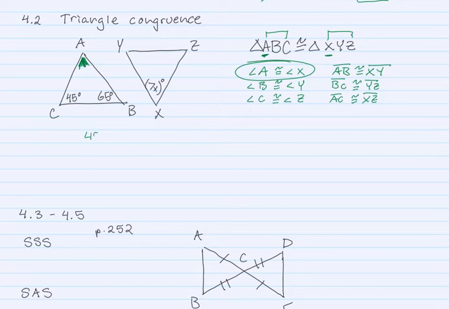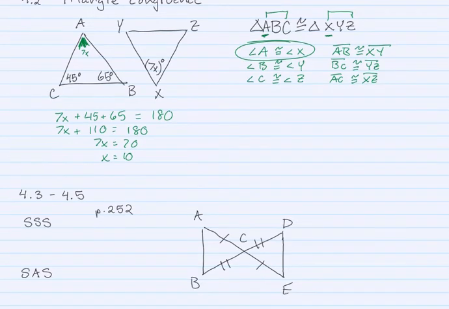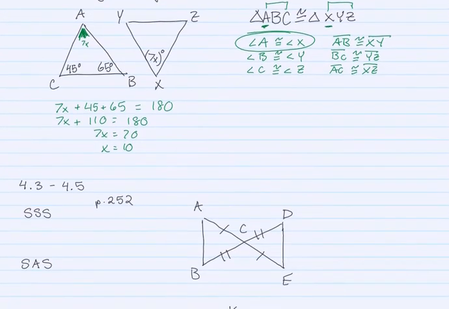Now I'd take 45 plus 65, and angle X is equal to angle A, and I could take those 3 angles. I could go ahead and say this is 7x, 180 degrees. So 7x plus 110 equals 180. 7x equals 70. And last but certainly not least, x equals 10. So that's just an example of a couple of problems that you might see.